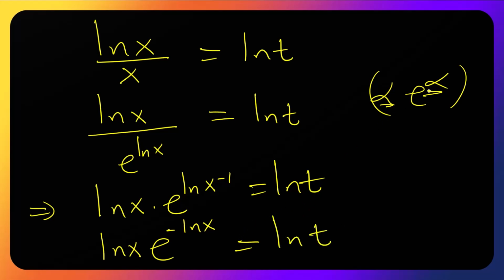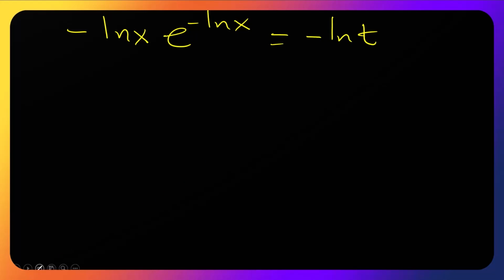So remember this and that. Something is missing here. You have minus ln of x, and this side is positive. So let's balance it by multiplying both sides by -1. So minus ln of x times e raised to minus ln of x equals minus ln of t.